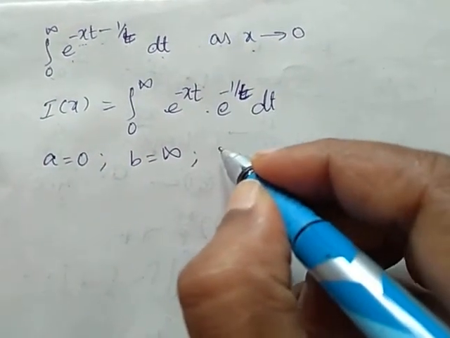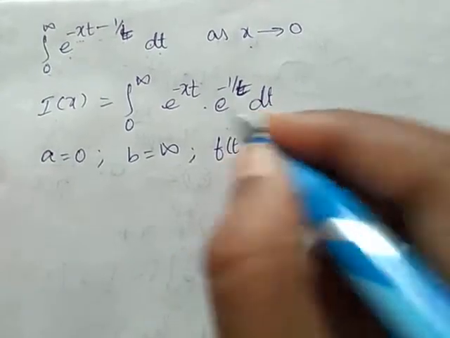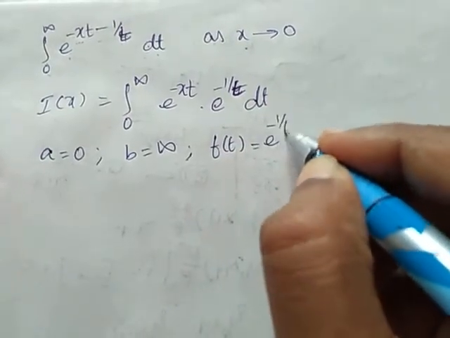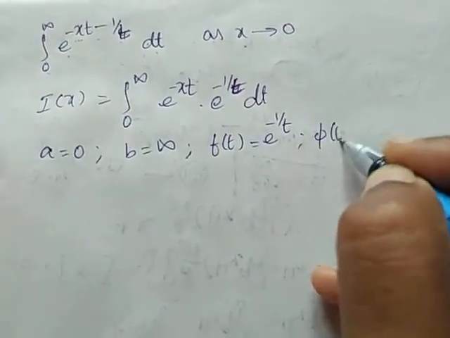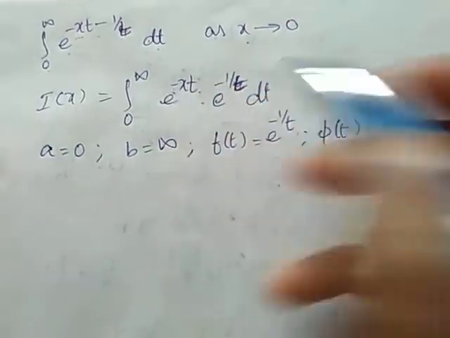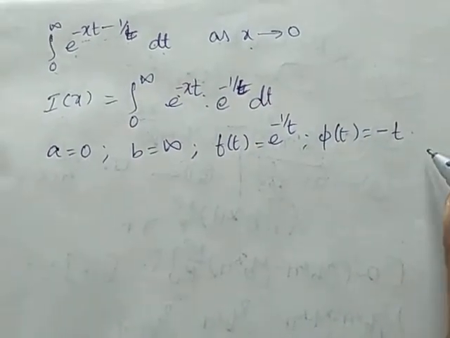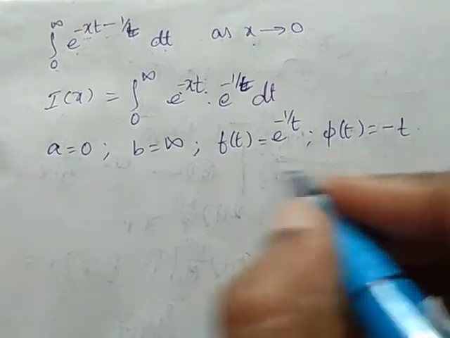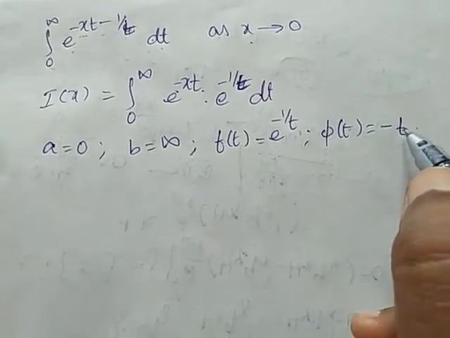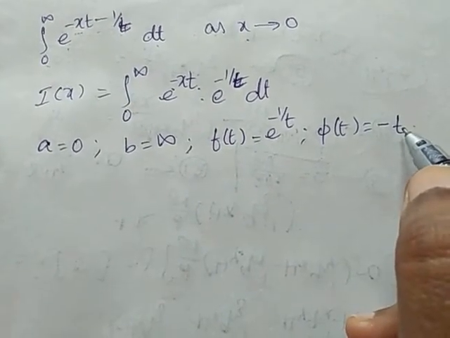What is f of t? f of t is e power minus 1 by t. And what is phi of t? Phi of t is minus t.